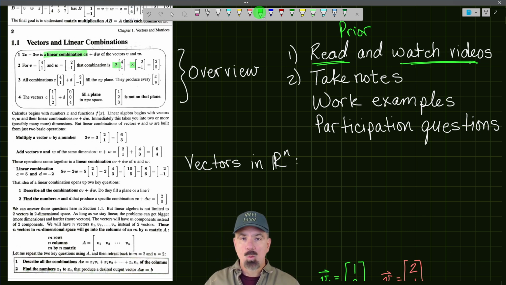And then, of course, as you watch through the videos, you're going to take notes. All the research shows that notes taken by hand are the best way to learn. So pause the videos, rewind the videos. And that's why I'm saying, hey, it's fine to play them at 1.5x and move through, but then pause. Write down things for yourself and make sure you're working through the examples. That's the other thing.